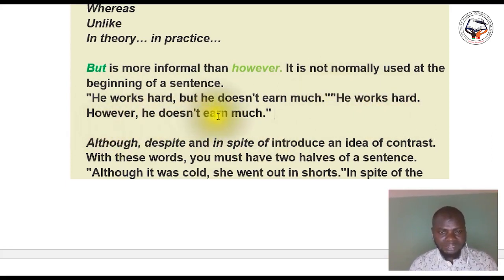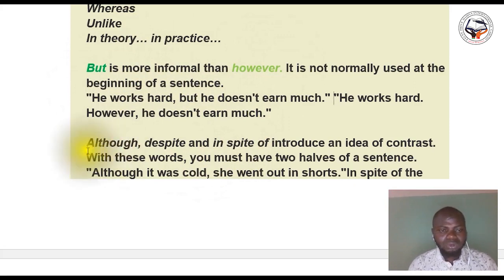He works hard. However, he doesn't earn much money. So, but is more informal than however.